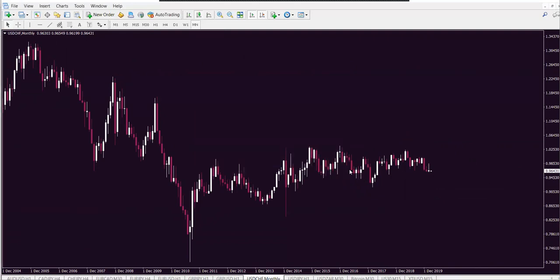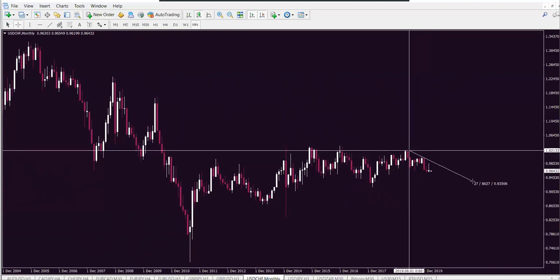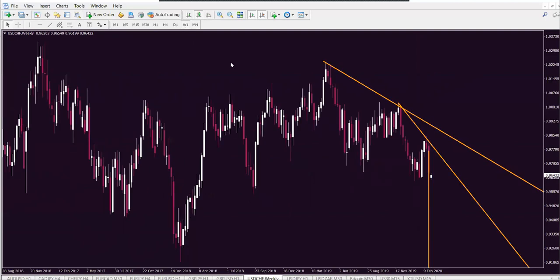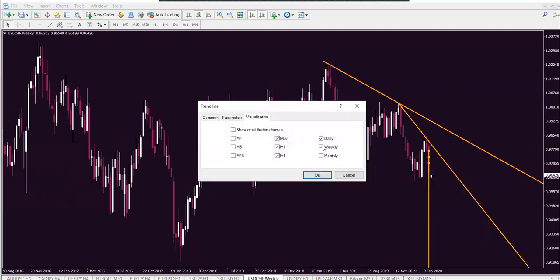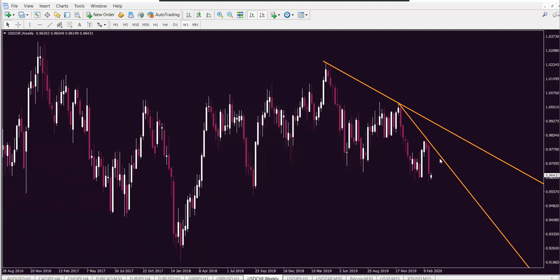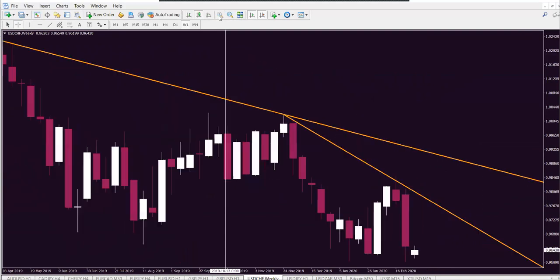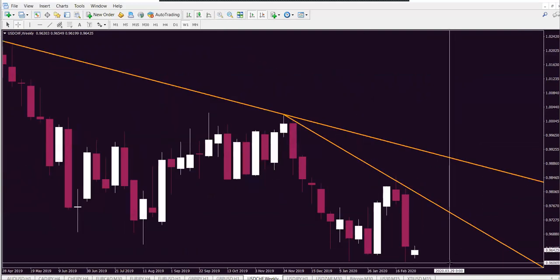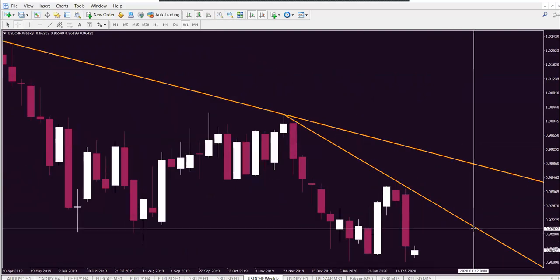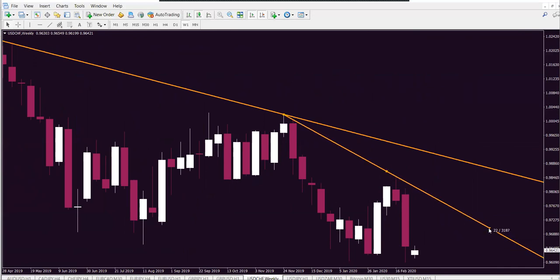But if I had to choose, this leg is definitely bearish. We can see bearish, and then bearish. Let me hide this one. So yeah, this is definitely bearish.